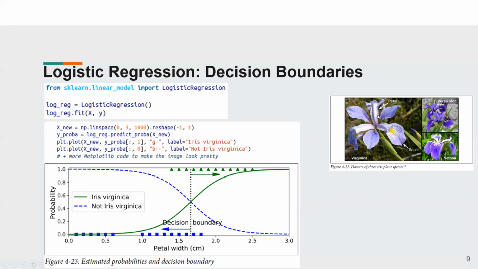You can see that the petal width for iris virginica is in general wider compared to the other 2 types of flowers. So if you build a logistic regression and then try to plot the probability of iris virginica versus not iris virginica, you can see that the graph looks like this for iris virginica.